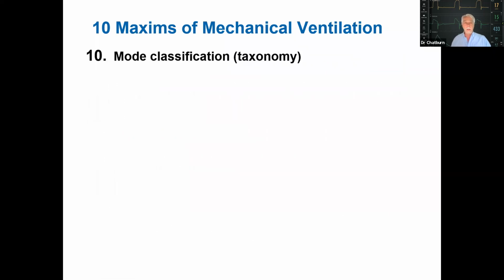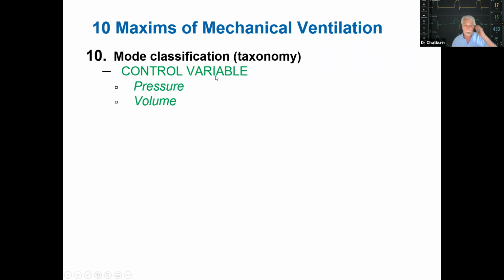And finally, we put this all together. We have a classification system or a taxonomy, which is basically that any mode can be specified or classified in terms of its control variable, either pressure, in which case you have a preset inspiratory pressure target, or inspiratory pressure is controlled by the ventilator to be proportional to inspiratory effort, like NAVA and PAV and modes like that.